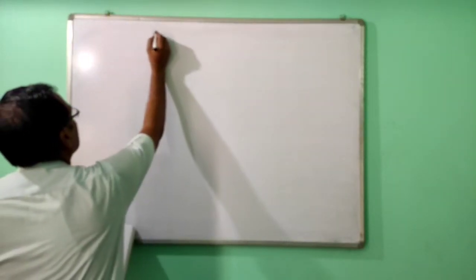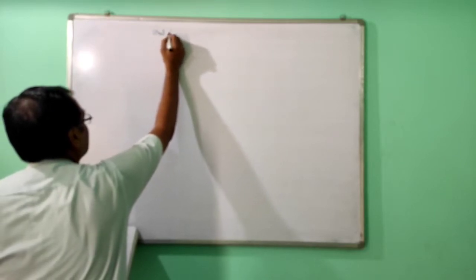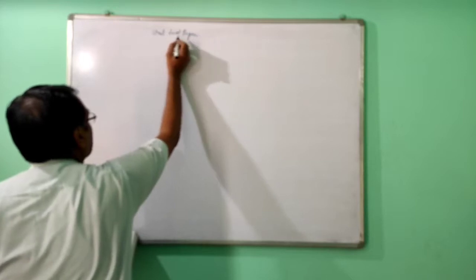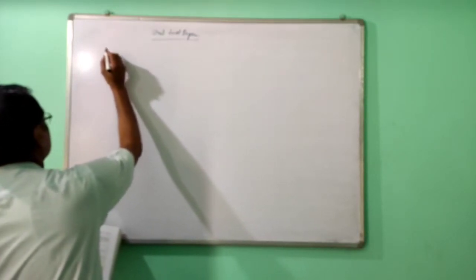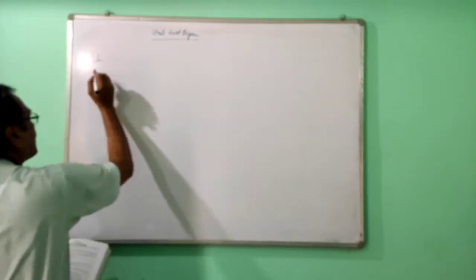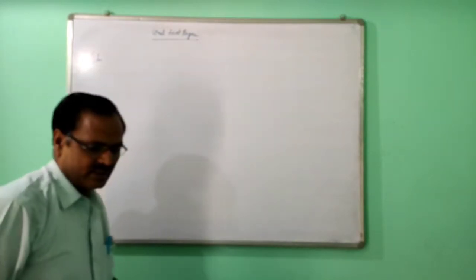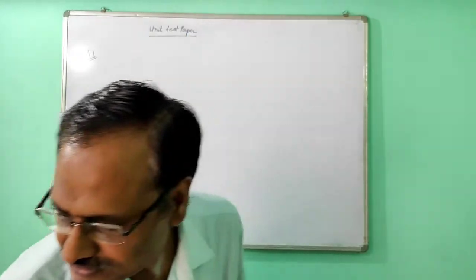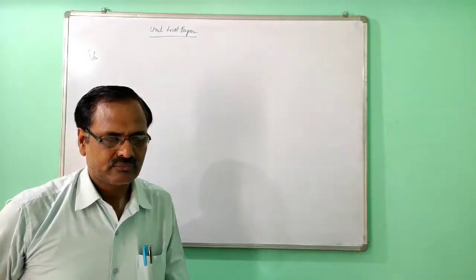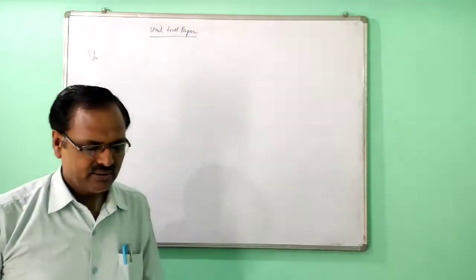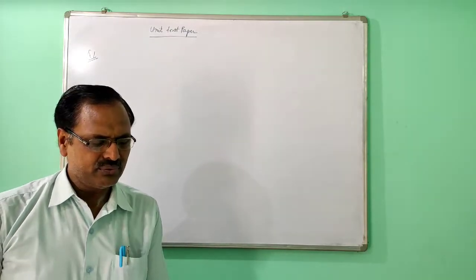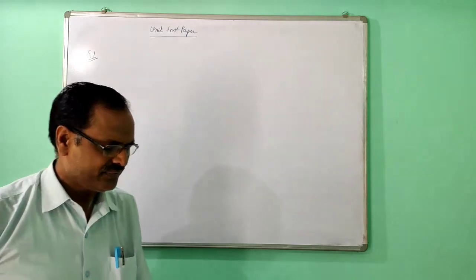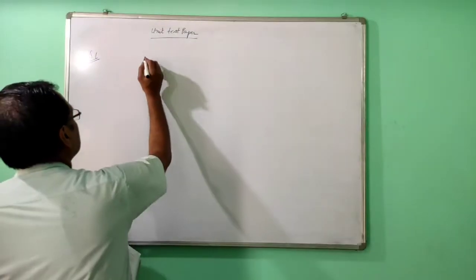Unit test paper, question number 1. What is given here? In the period 2, element A is to the right of B. So this is the situation.